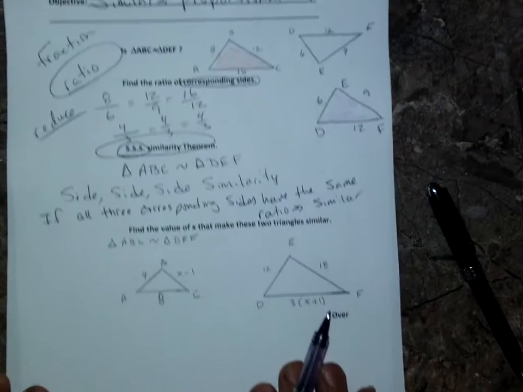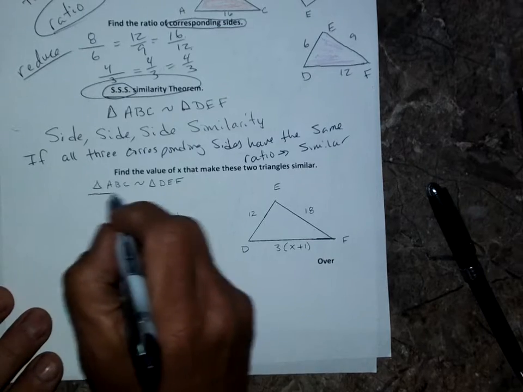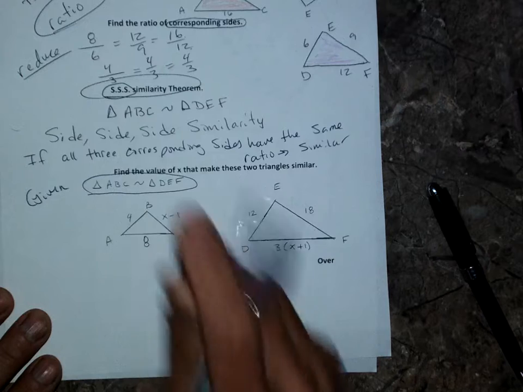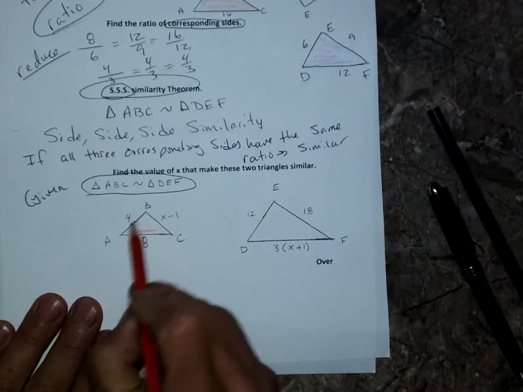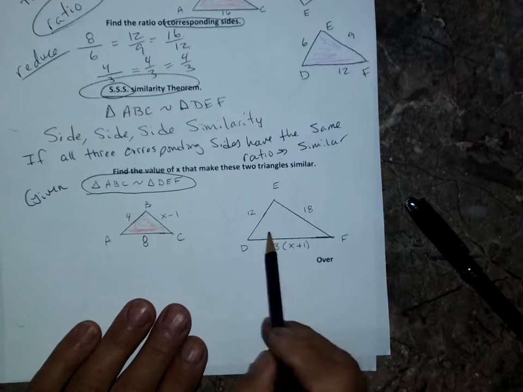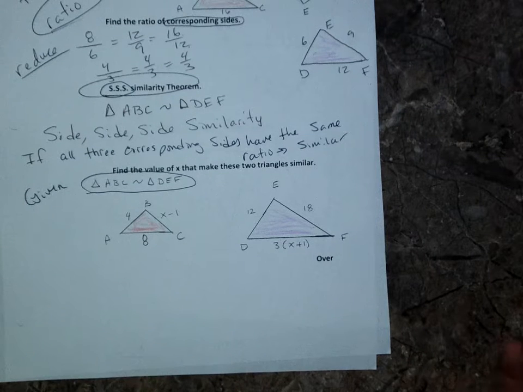Okay. Now let's take that information. If I know the two triangles are similar, that's my given. I know that triangle ABC is similar to triangle DEF. And if I know that, then I can set up the proportions.